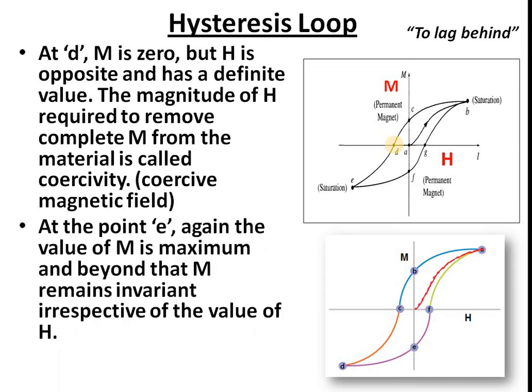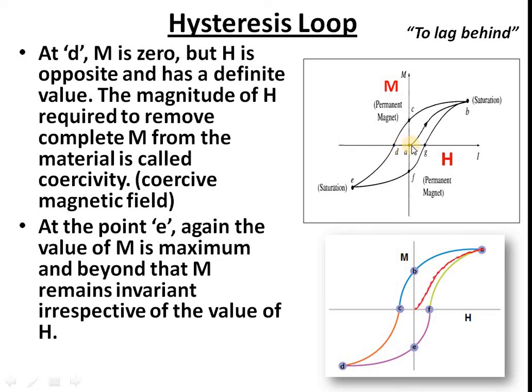At the point E, you can see the value of M is maximum, and beyond that M remains invariant irrespective of the value of H. Invariant means M is not increasing after that. Whatever the H value, you can increase H, it doesn't have any effect on M. Then you can reduce H and bring it to 0.